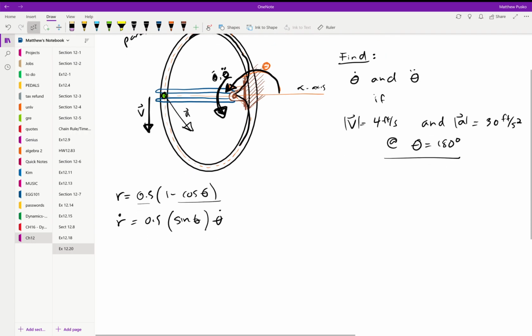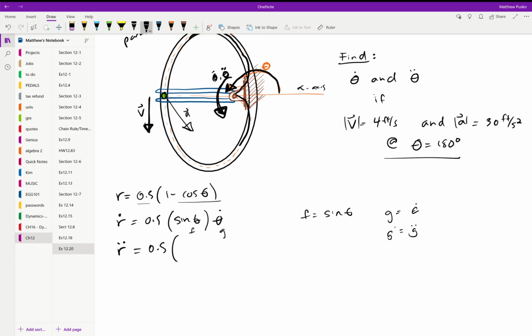Okay, then we want r double dot. We can say, copy the 0.5 down. This would be our f, and this would be our g. So f is sine theta, and g is theta dot. G prime is just theta double dot, and f prime is cosine theta. So we get 0.5 times the cosine of theta times theta dot times theta dot.